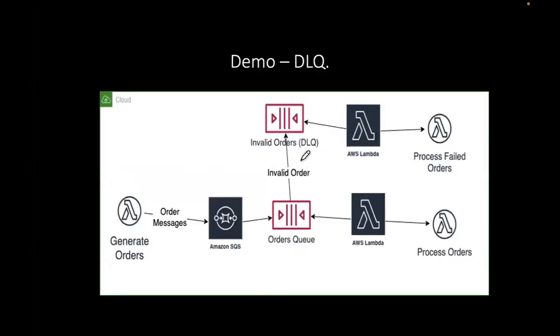Because this connection is now gone, SQS is going to continuously retry to get the Lambda to process the batch. Now it does give up eventually, and by give up, we mean it just deletes the batch from the queue.